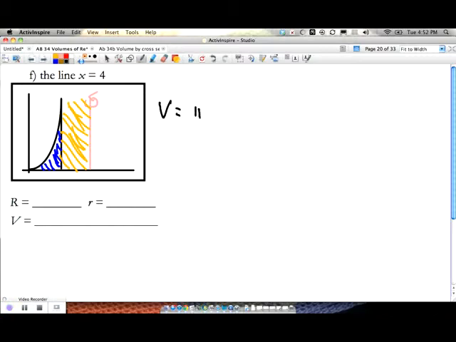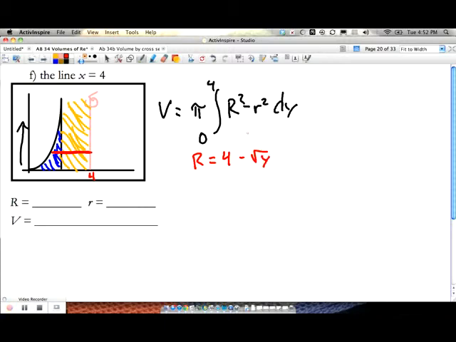Because we're not attached, we know that we're going to have big R squared minus little r squared. We know that we're still moving in the direction of y because our disks are horizontal, so we're still going from 0 to 4. We just have to define what that big R and little r are. Well, big R is from the outer edge all the way to the axis of rotation. This goes all the way out to 4, so it's 4 minus square root of y.